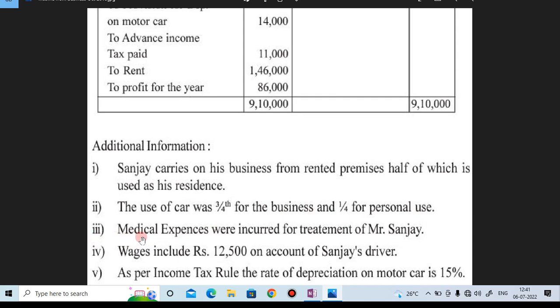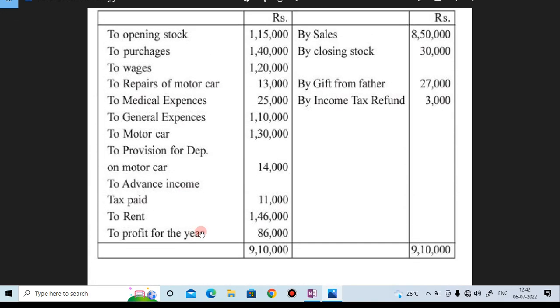Next is medical expenses were incurred for the treatment of Mr. Sanjay, personally. Next is wages includes rupees 12,500 on account of Sanjay's personal driver. And last is, as per income tax rule, the rate of depreciation on motor car is 15%. So these are the additional information provided along with the profit and loss account.